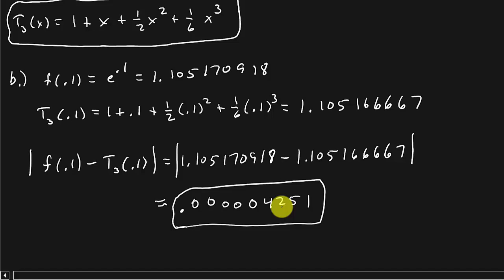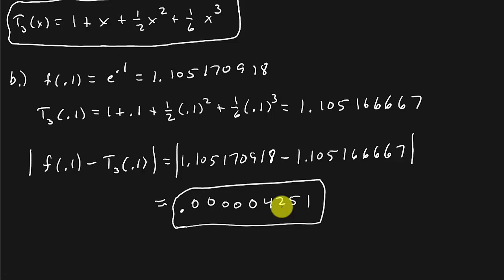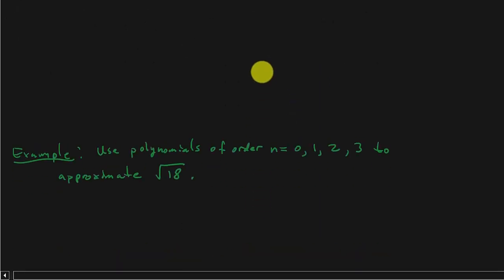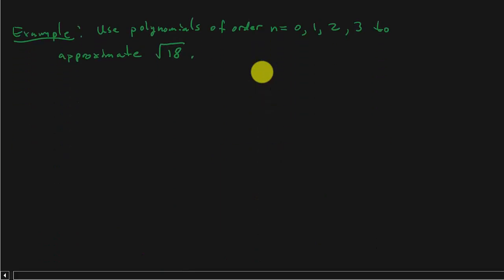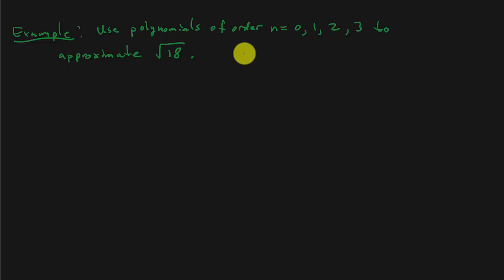All right, so now let's look at the last example, and it's going to be a little bit different than the first two. They want to use polynomials of order n equals 0, 1, 2, and 3, so this is like 4 different problems in one.